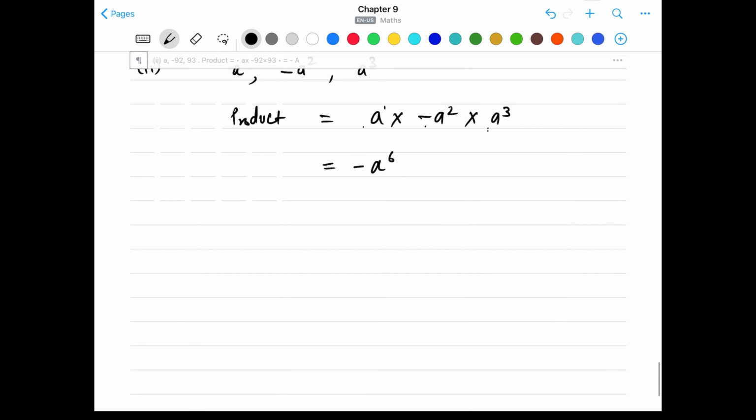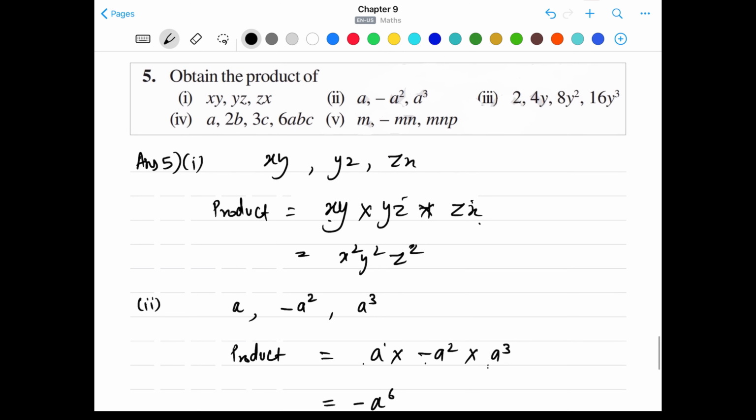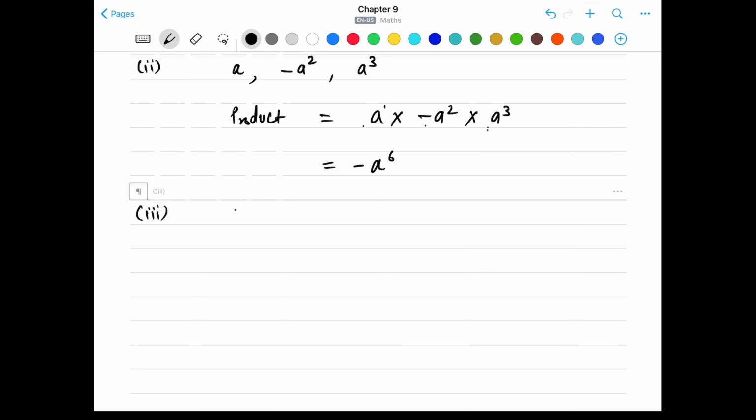Next one is part third. Here we have the number 2 into 4y into 8y square into 16y cube.